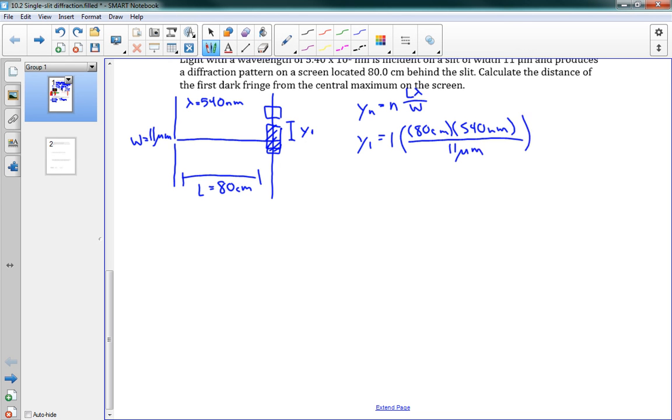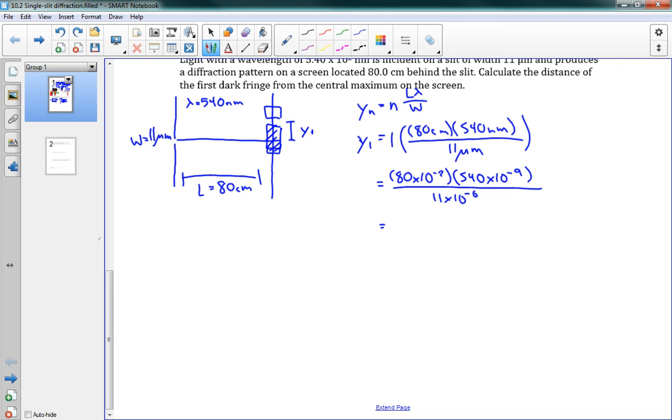And we're going to have to do some unit conversions before we can solve this one. So y1 is equal to, well, a centimeter is times 10 to the minus 2 meters. 540 nanometers, that's times 10 to the minus 9. And 11 micrometers, so 11 times 10 to the minus 6.